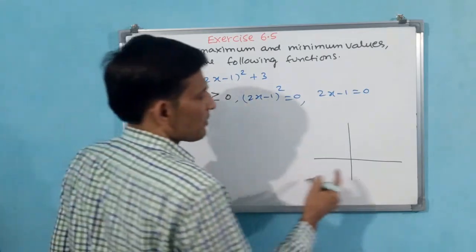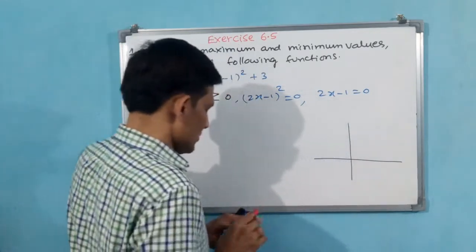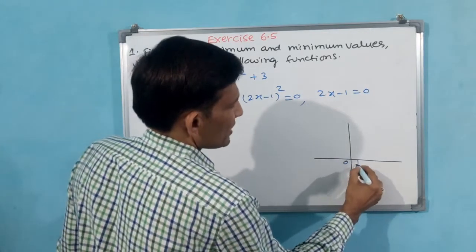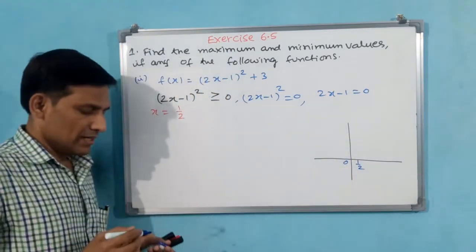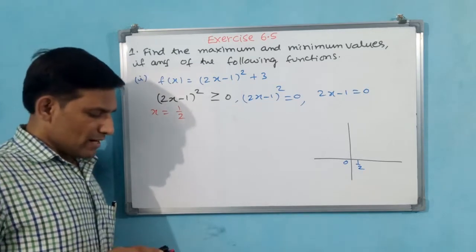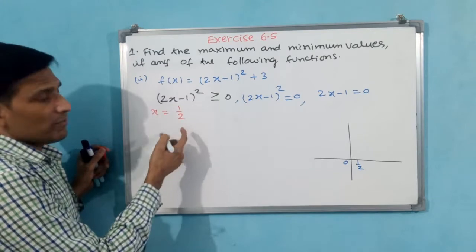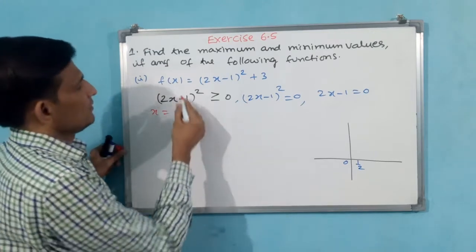You see what I am writing here, the graph. The turning point is at 1 by 2. This is 0, and this is 1 by 2. At a turning point, one value you will get. What is that value?